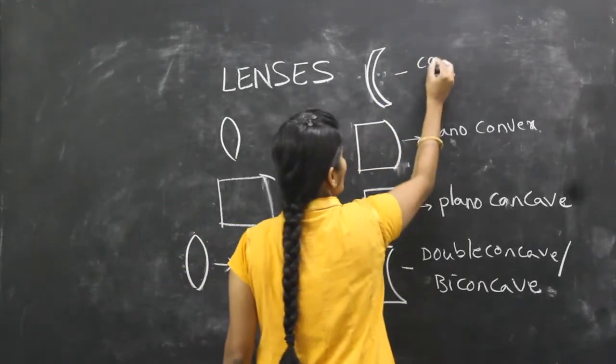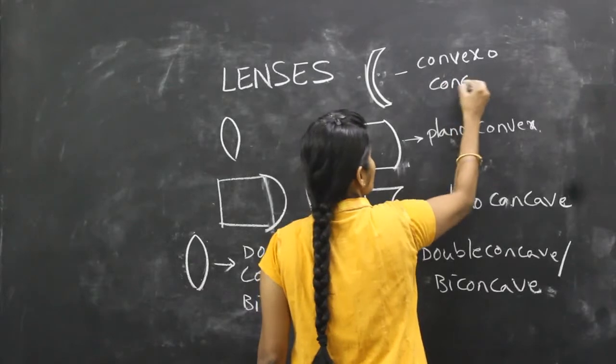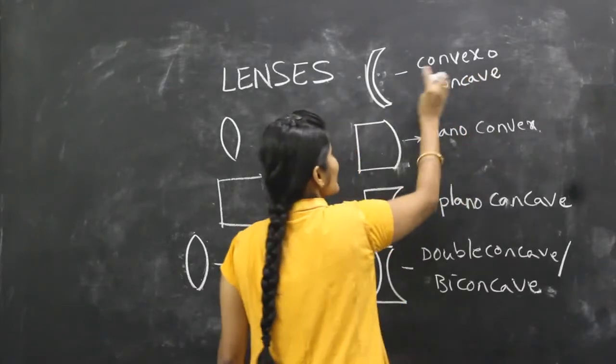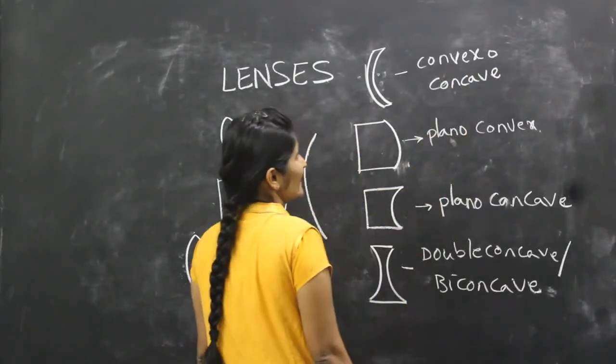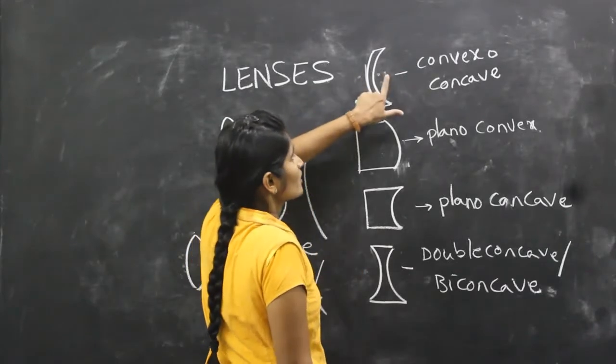Then it is called a convexo-concave lens. Here I have mixed convex with concave.